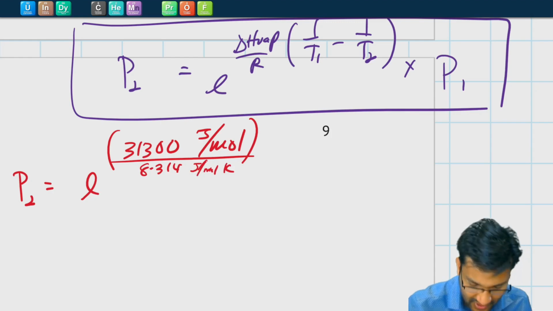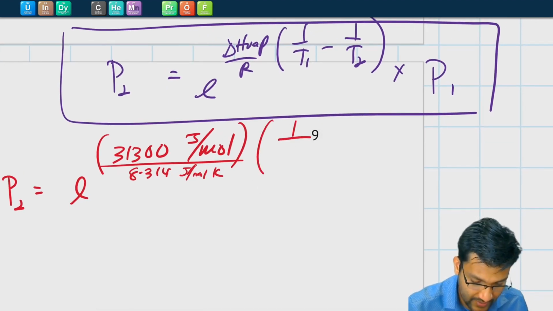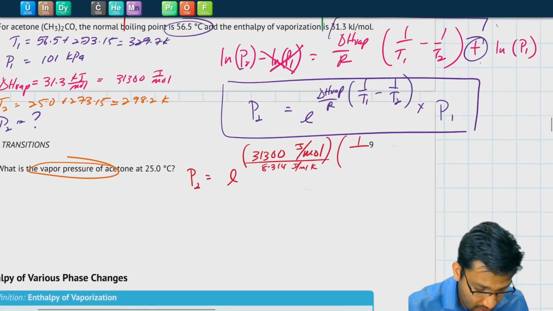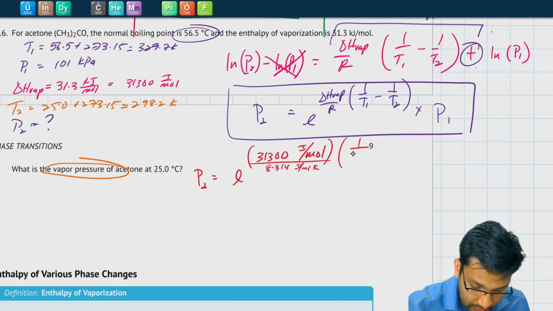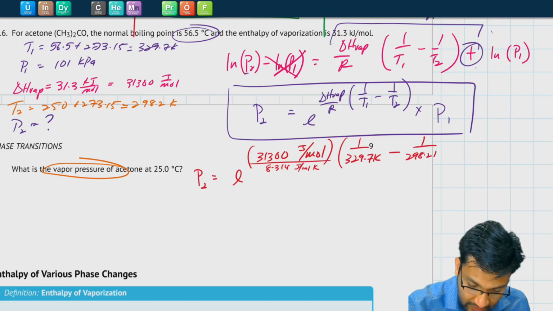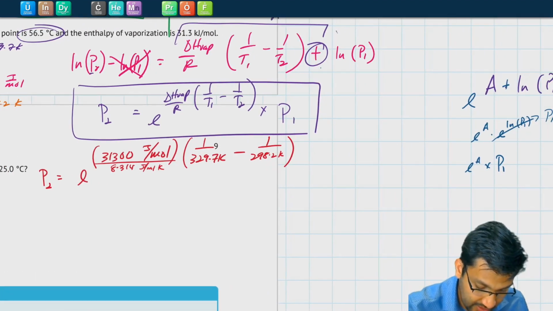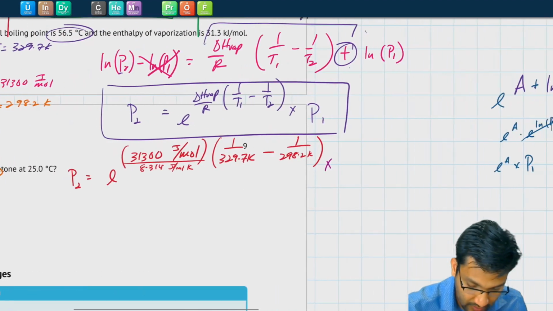I was struggling to remember what units were there for a second. All of this multiplying 1 over T1, which was 329.7 kelvins, minus 1 over T2, which was 298.2 kelvins. Yep, that's all the exponentials. And then I'm multiplying this by P1, which was 101 kilopascals.